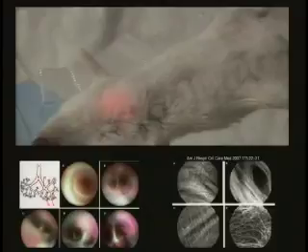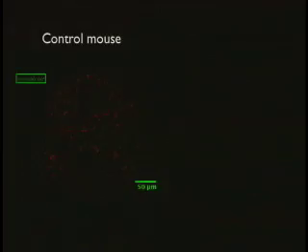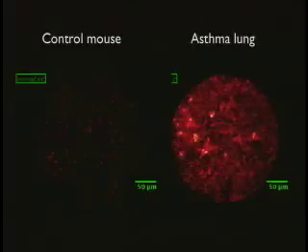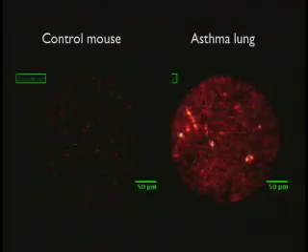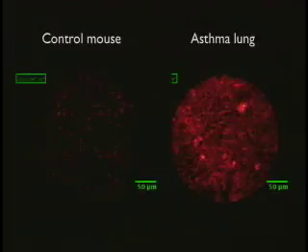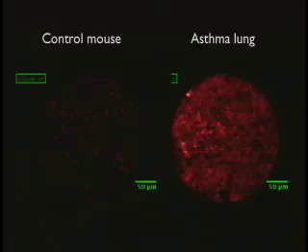So this, coupled with the molecular probes, now allows us to specifically watch certain cell types. In a control mouse, this is a non-asthmatic mouse, we don't see anything because there are no eosinophils, versus in an asthmatic lung, there are tons and tons of these eosinophils. So a specific example where we, for the first time, see specific cell types.